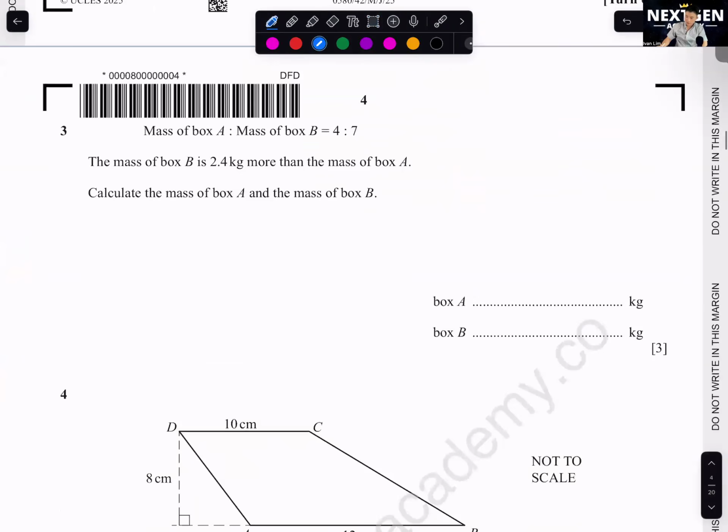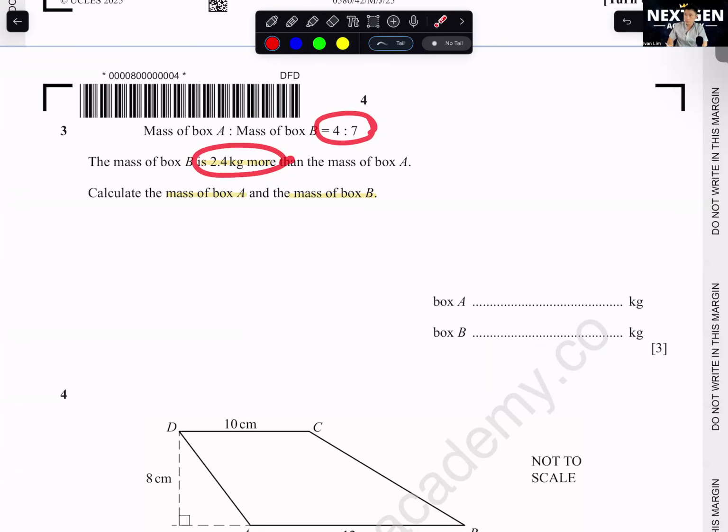Number 3. Just now, quite a number of you said you don't know how to do this. The mass of box A to the mass of box B is 4 to 7. The mass of box B is 2.4 kg more than the mass of box A. Calculate the mass of box A and the mass of box B. First of all, we need to understand this ratio and what this specific value means.